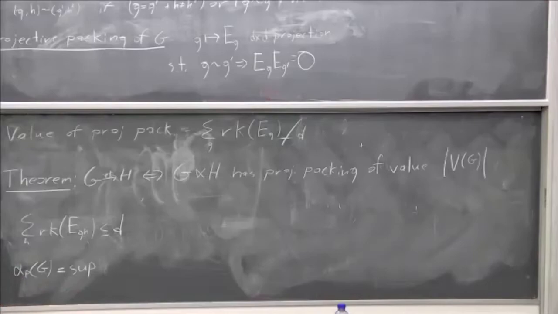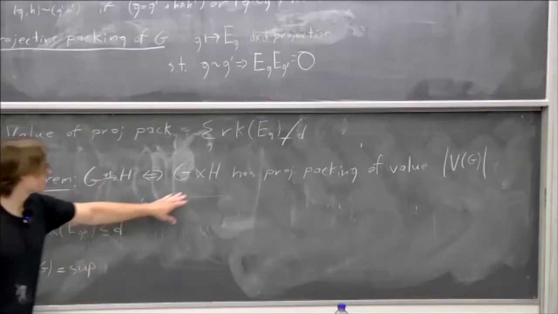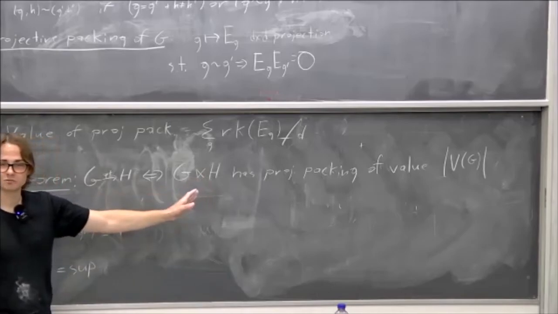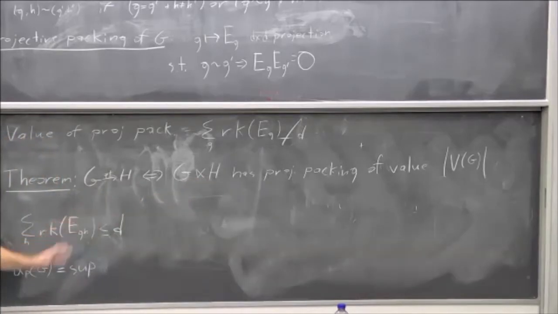So I can almost rewrite this theorem as saying that this holds if and only if alpha p of this is equal to the size of G, but it's not quite right because I actually need that it's attained. Okay, so I'll end there.